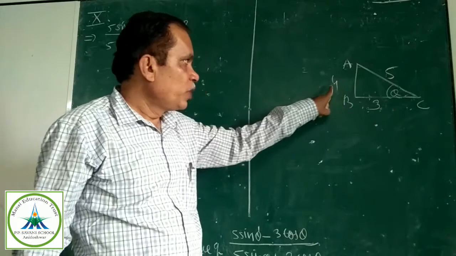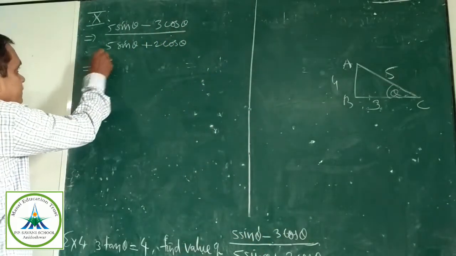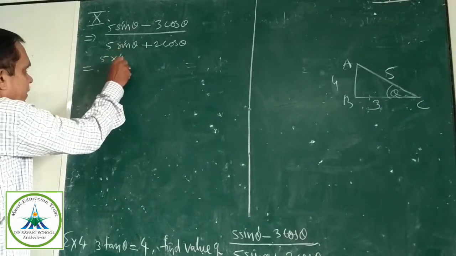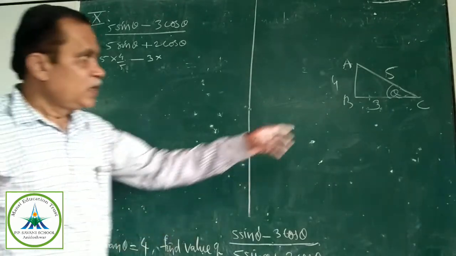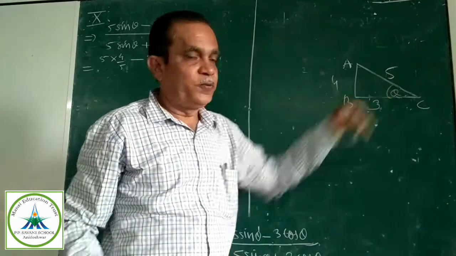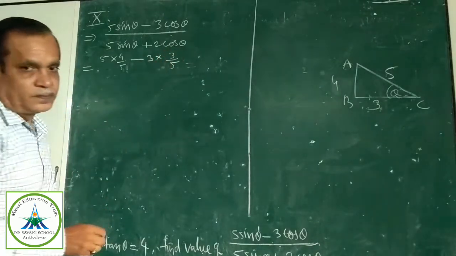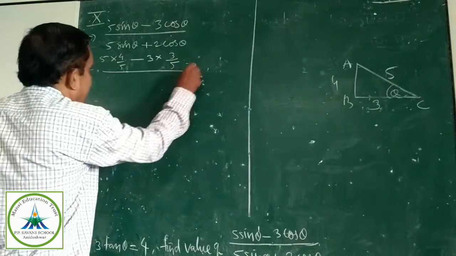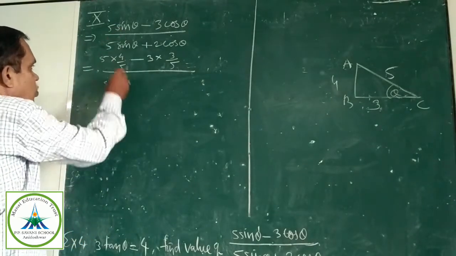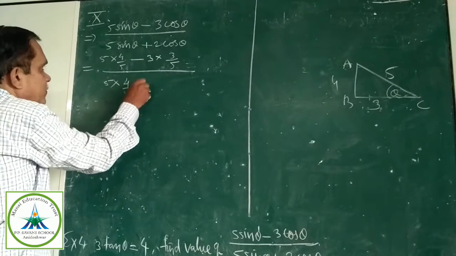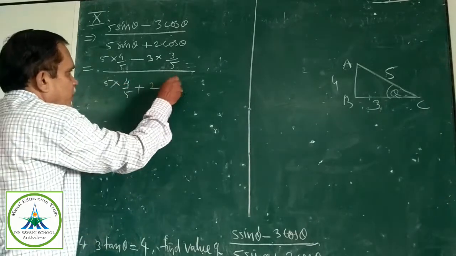Sin theta equals 4 upon 5, so 4 upon 5 minus 3 cos theta, and cos theta equals 3 upon 5, divided by 5, sin theta 4 upon 5 plus 2 times 3 upon 5.